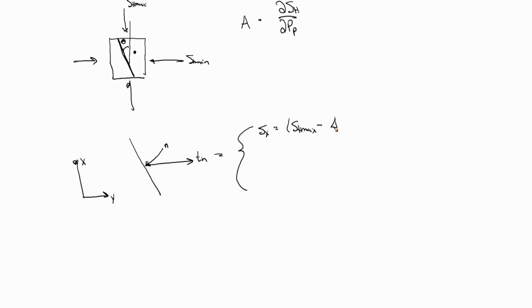SH max times minus A delta P, right? So this is the perturbation due to depletion. If we're going to deplete at a rate A, then the perturbation of the stress on the fault is going to be equal to what the original stress is minus the perturbation.